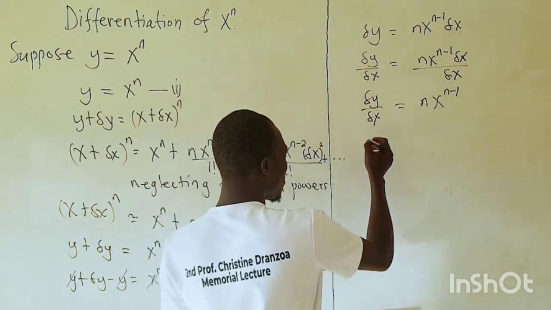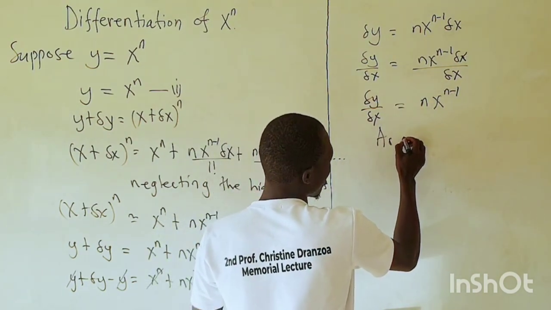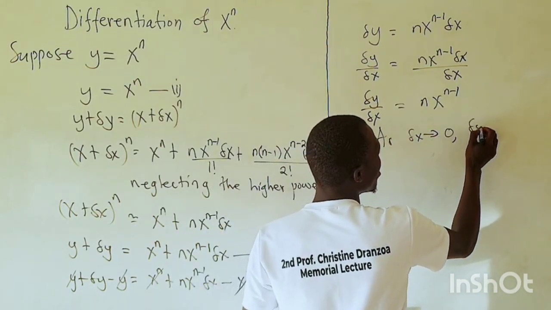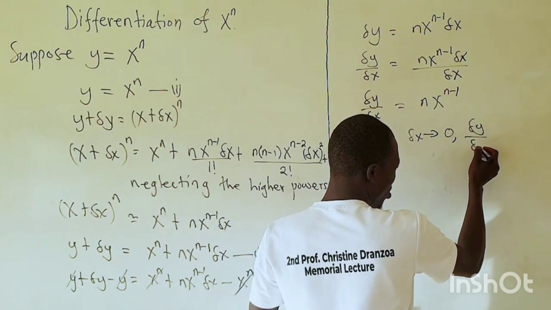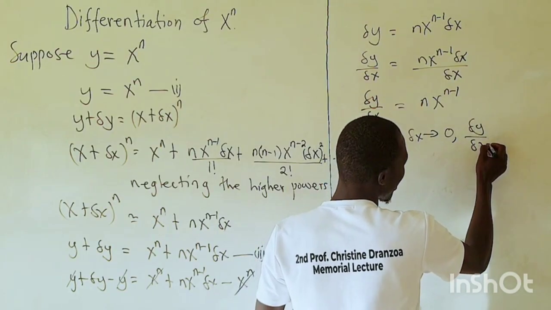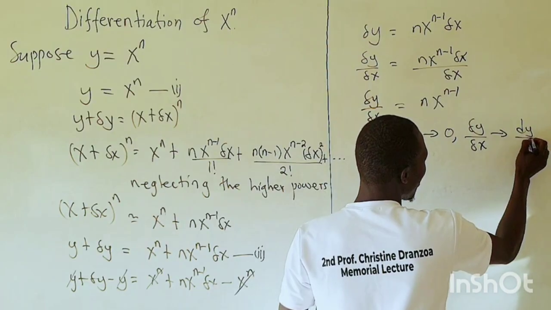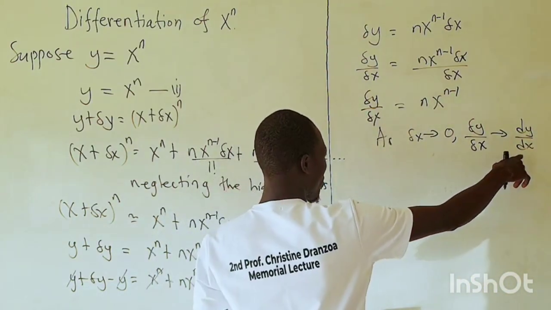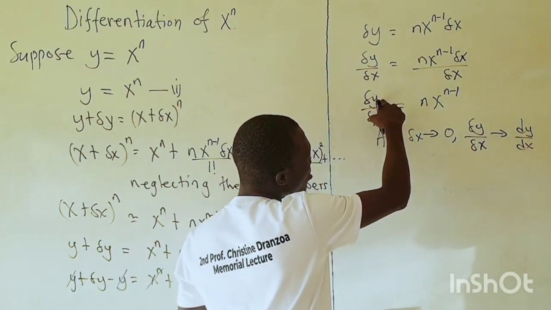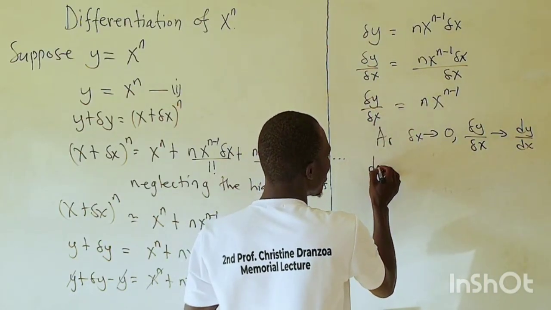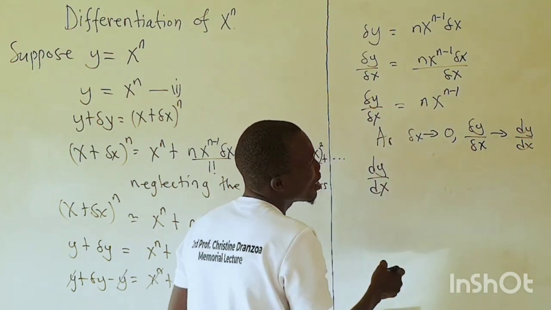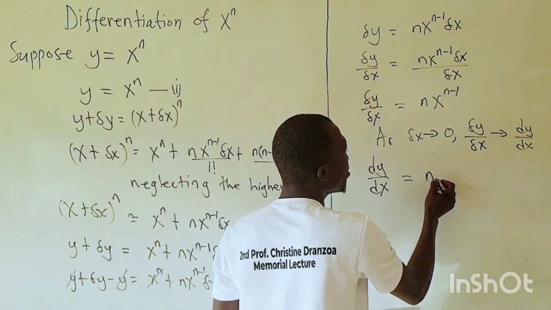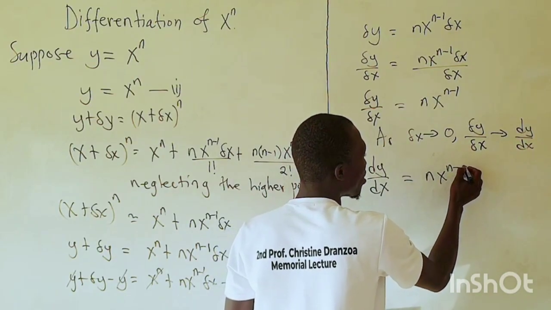What we know is that as delta x approaches 0, then delta y over delta x, small increment in y over small increment in x, will tend to dy/dx from our previous video that we saw. So this delta y over delta x will become dy/dx, and since this side we don't have delta x, it will remain the way it is, n x^(n-1).